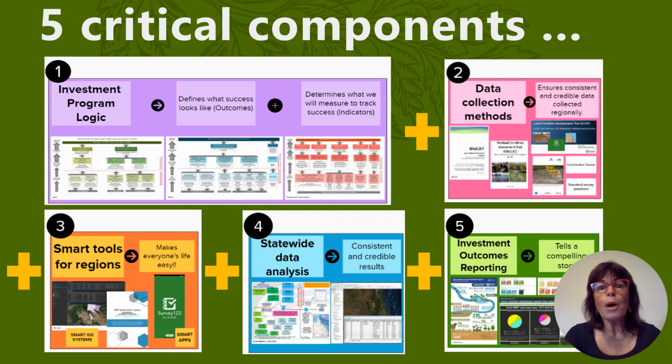So the 5th and final component of the framework is about telling the story. Once we have all the data together and we have information available on what's been achieved through the projects collectively, this component is about making sure that we're communicating that effectively with investors and the broader public.